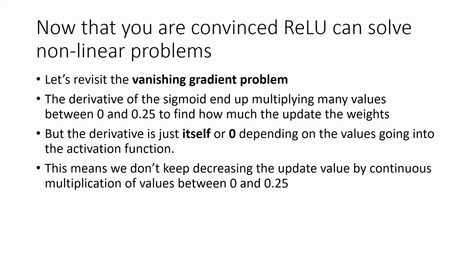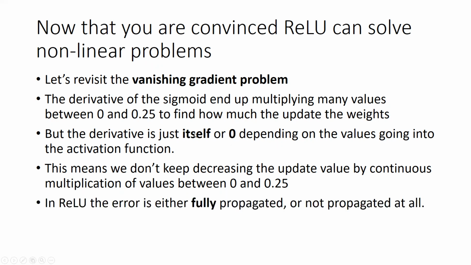You can still regain that information as you go through the network again. So you do get this slight issue of creating dead neurons, but we can fully propagate the error through ReLU. So this is good because we don't end up with this vanishing gradient problem with ReLU, and it can solve nonlinear problems.